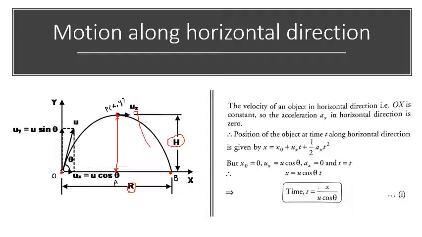If you substitute all the values, you get x equals u cos theta into t. So the time equals x divided by u cos theta. This is your first equation. So we derived the motion along the horizontal direction.